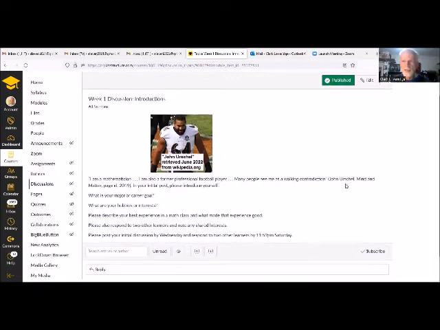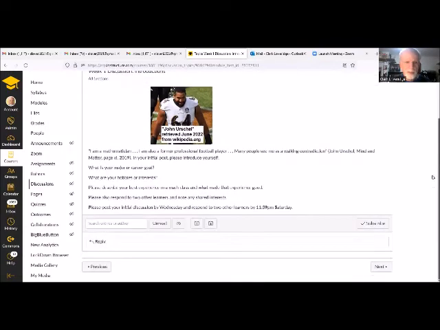So in order to give time for people to respond, I'd like you to do your initial post by 11:59 p.m. Wednesday, and that's kind of a soft deadline, but the hard deadline is Saturday. The discussion closes on Saturday, but if you get your initial post in by 11:59 p.m. on Wednesday, that'll give a couple days for other people to respond to your post.